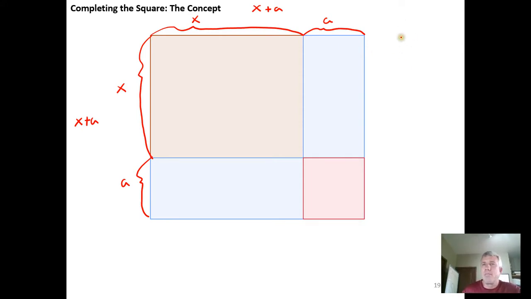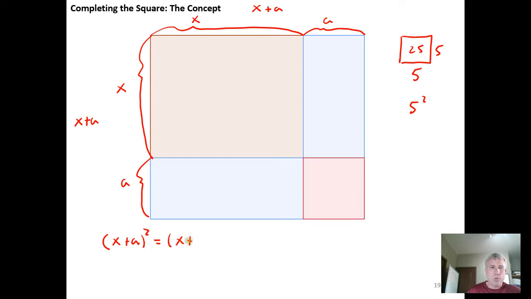If you want to calculate the area of a square, well, if you know the length of a side, you just square that length. 5 squared, or 5 times 5, so this square has area 25. So to find the area of this large square, I take the length of one of the sides, which is x plus a, and square it.